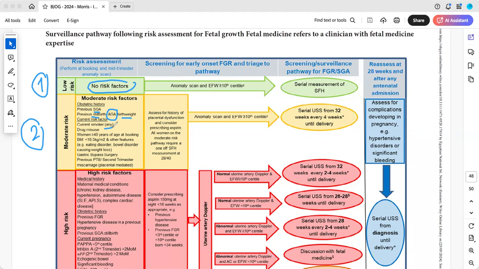A lot of women now have gastric bypass surgery and then become pregnant, so we will put them in the moderate risk group. Okay. A previous preterm delivery or second trimester miscarriage due to a placental reason, placental mediated. Okay. So this lady, moderate risk group.